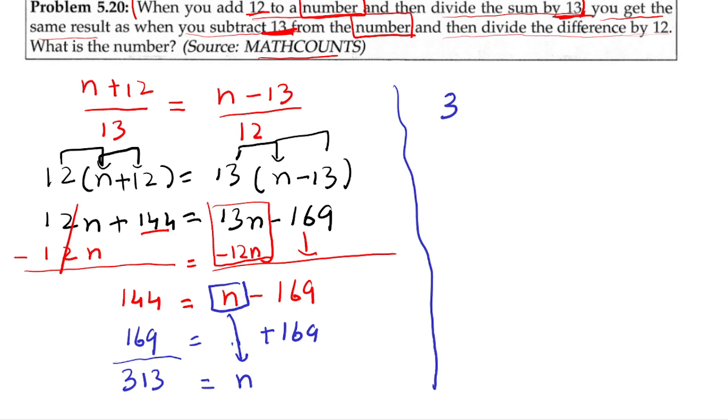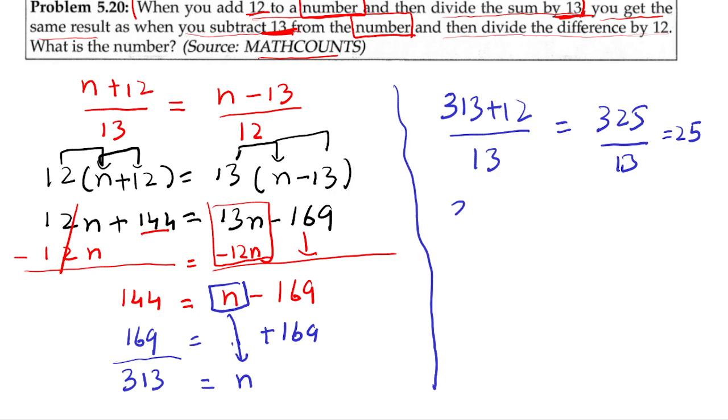Using 313, we add 12 and then divide by 13: 325 divided by 13 is 25. On the other side, 313 minus 13 is 300, divided by 12, and again we have 25.